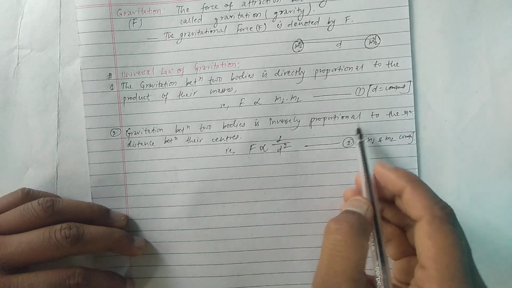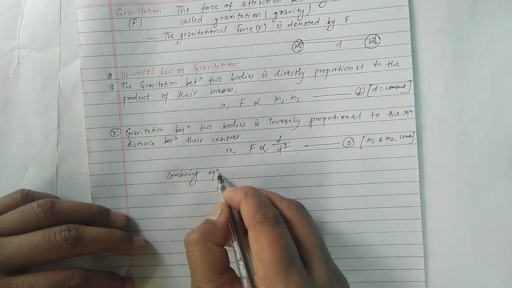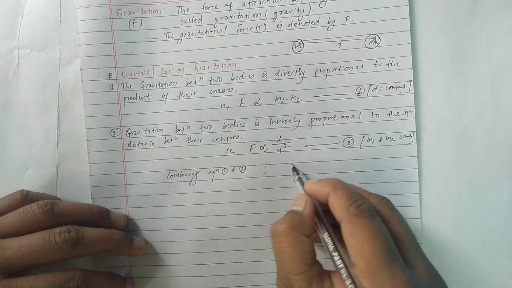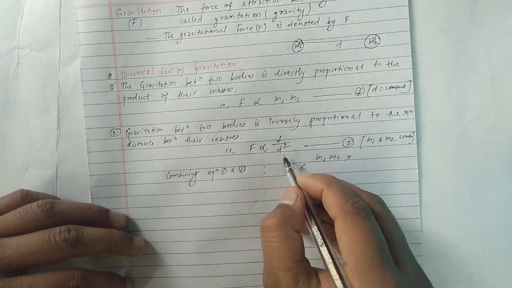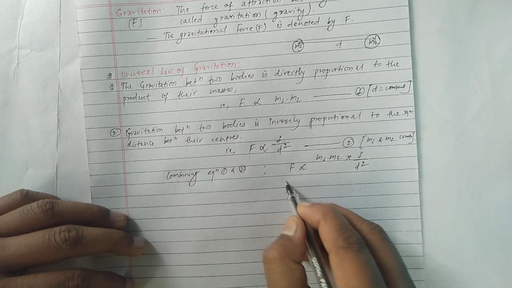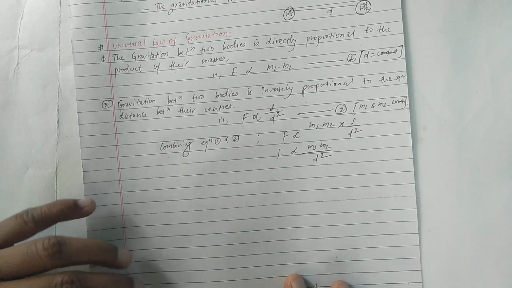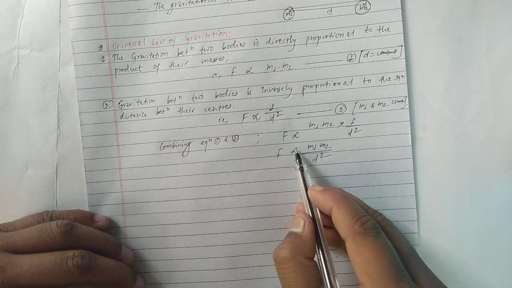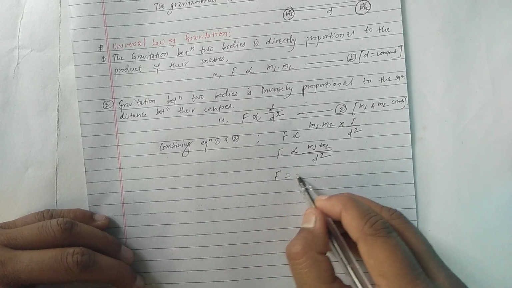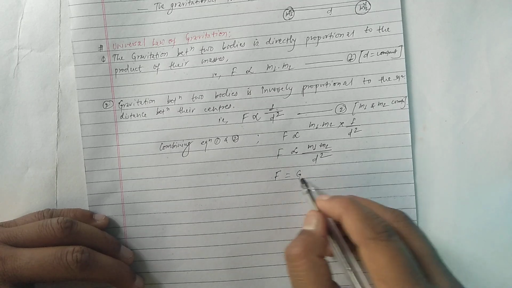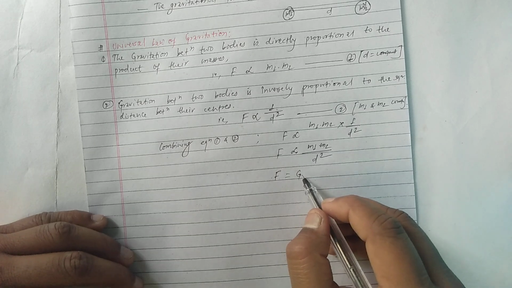Okay, so these are the two equations. Now combining equations 1 and 2, we get F is directly proportional to m1 into m2 into 1 upon d square. And as we know, if the proportionality sign is removed, then we have to put in a constant.